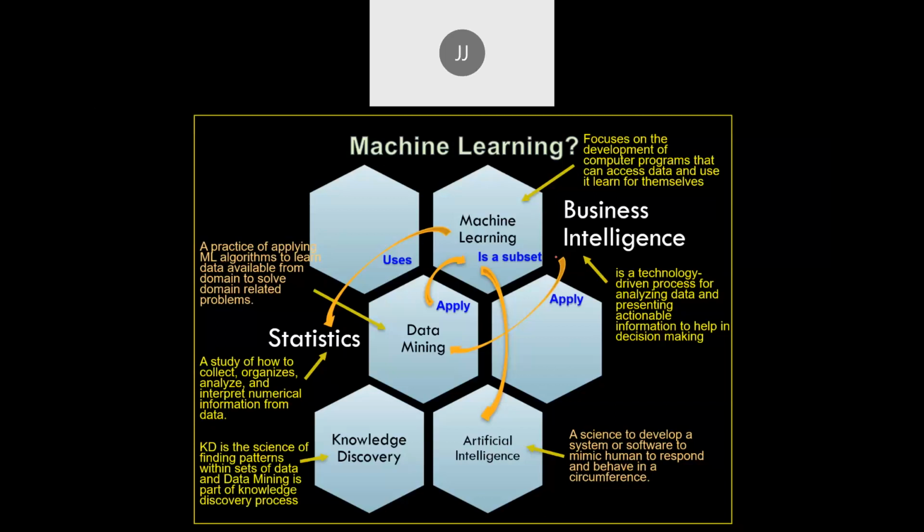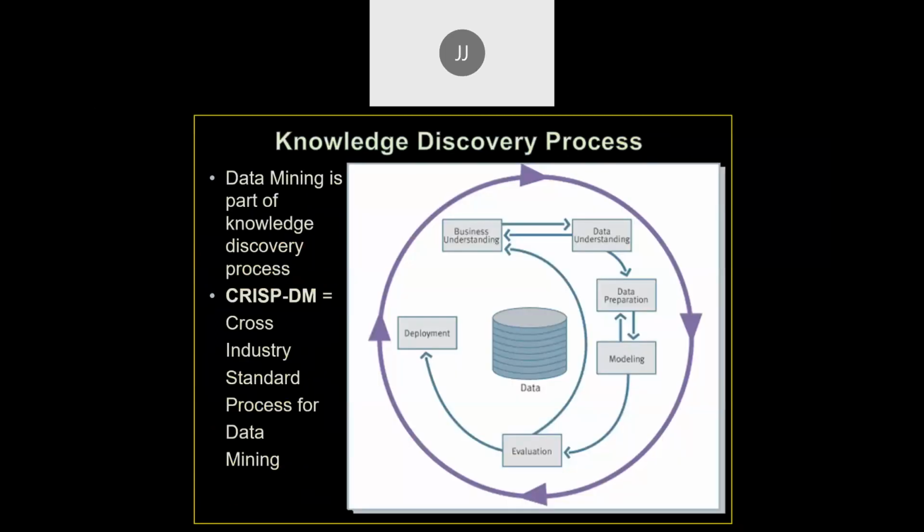So knowledge discovery is the big thing, and inside it we use data mining to extract the frequent pattern by using machine learning. If we zoom into the knowledge discovery, we will have this: data mining is part of the knowledge discovery process.